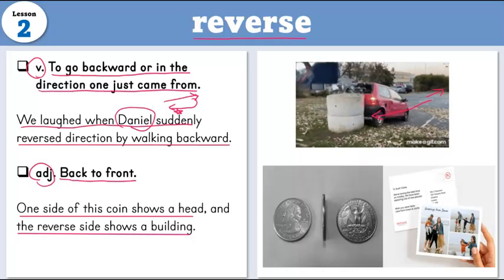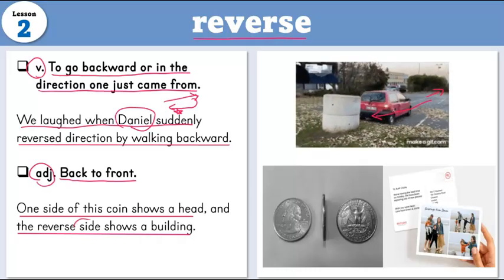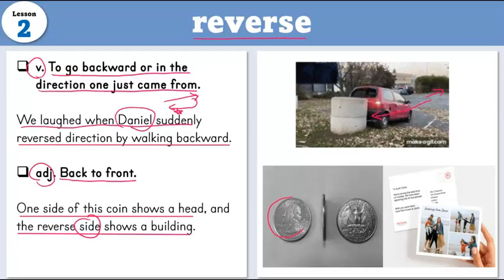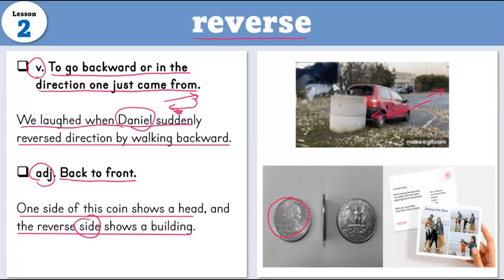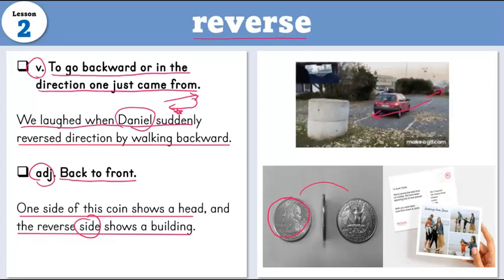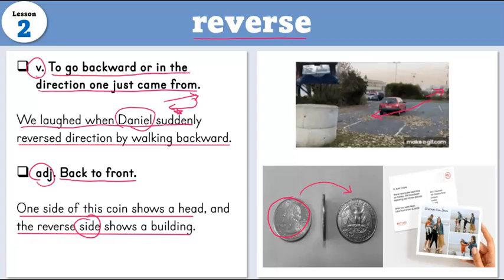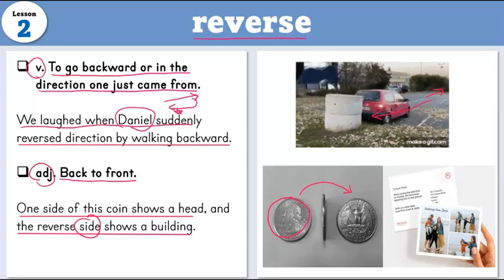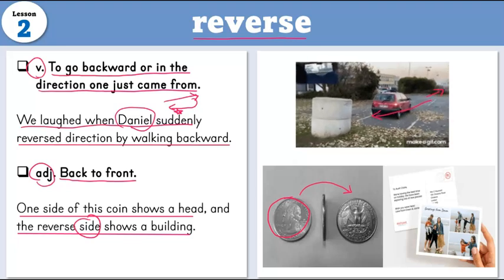You will hear it together with the word side a lot too. So usually there is one side of something, like here is the head of a coin, and then the other side, I can describe it as the reverse side. So this coin has a head on the front and an eagle on the reverse side.